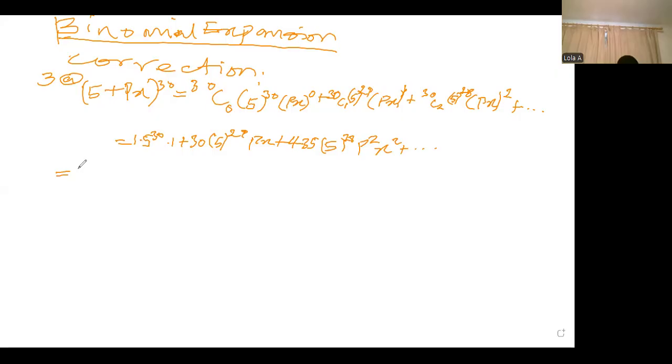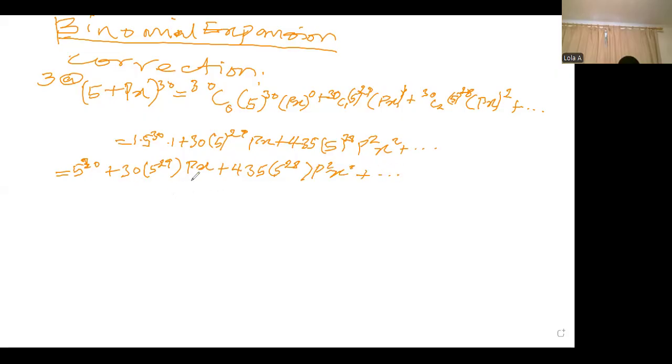Now, 1 times 5 raised to power 30 times 1 will give us 5 raised to power of 30, plus 30 into 5 raised to power of 29 times px, plus 435 times 5 raised to the power of 28 times p squared s squared, plus and so on.